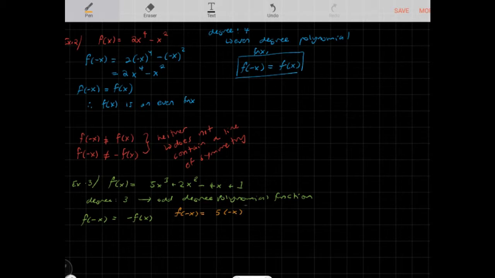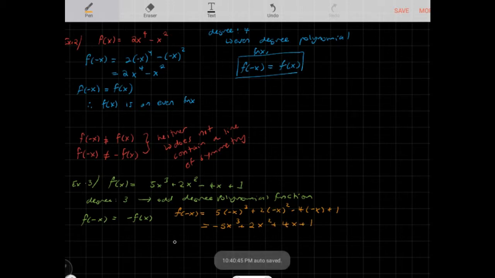you get 5(-x)^3 + 2(-x)^2 - 4(-x) + 1, and you can see here that you get -5x^3 + 2x^2 + 4x + 1, because the negatives would cancel out.